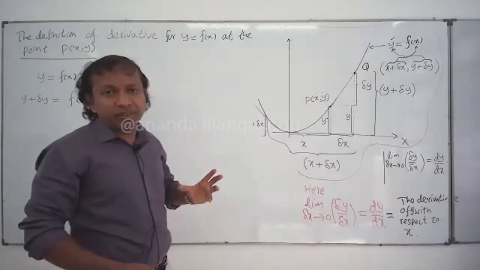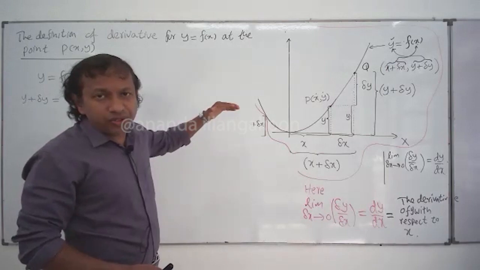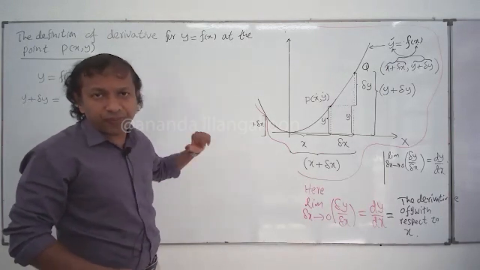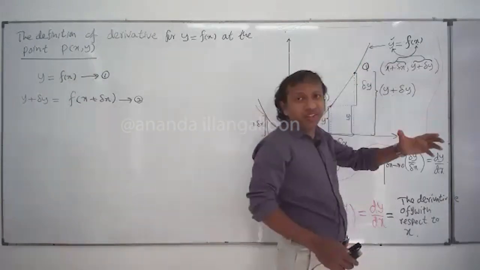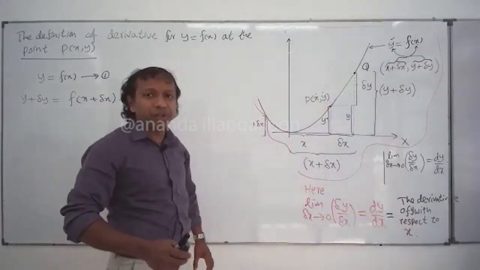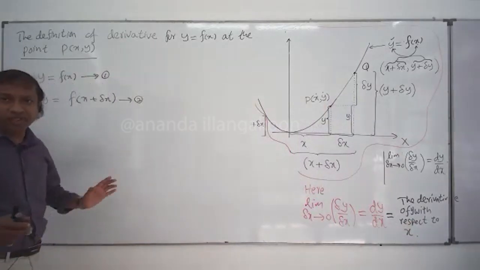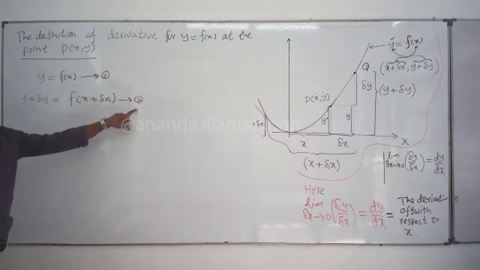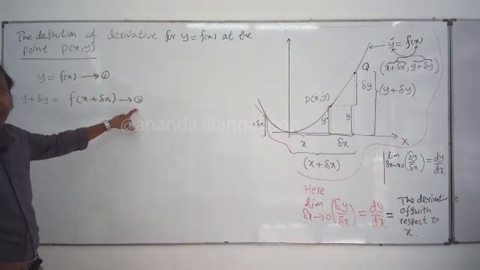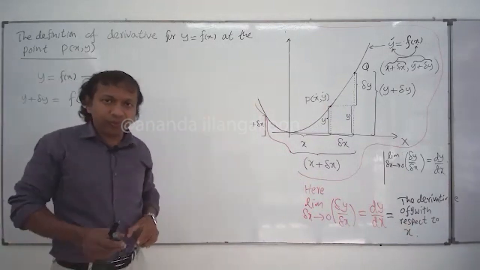We have the idea: at this place this is happening, at this place this is happening. The same thing we can explain taking this as y equals f of x, so there is no need to do that again. You can very easily understand. So the first equation comes as y equals f of x, the second equation this one. Then we find delta y by taking 2 minus 1.